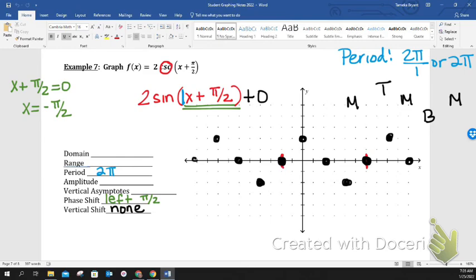The 2. Okay. So my midline is at 0. So every place, because now we're not going to connect this, right? Because we're not graphing the sine wave, so we don't want that. We're graphing the sister. So every time you hit the middle, which is 0, I need you to draw an asymptote.